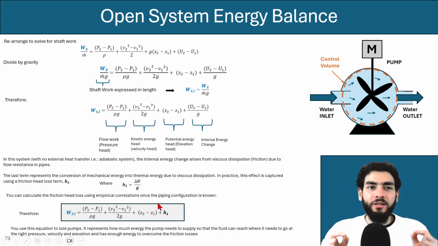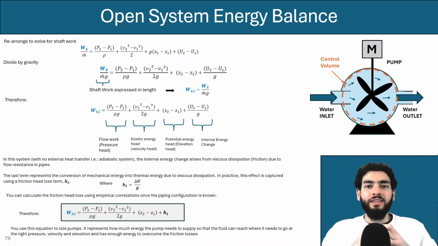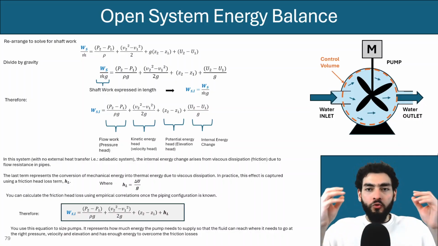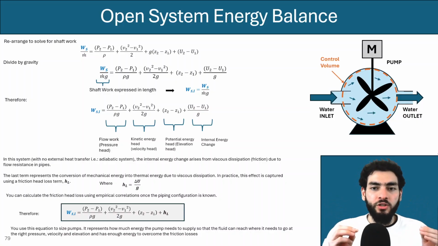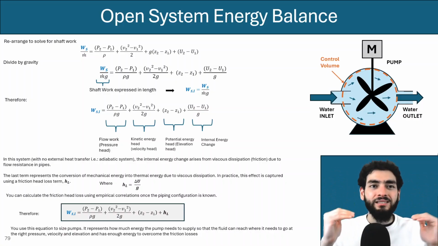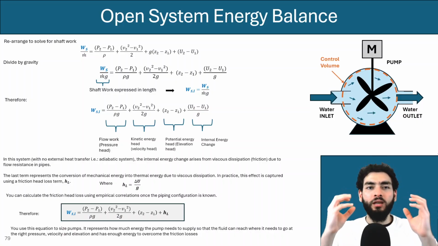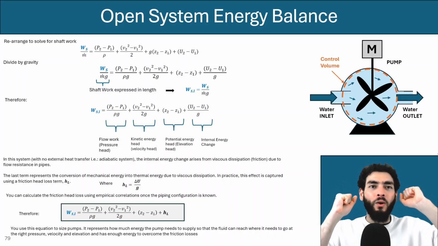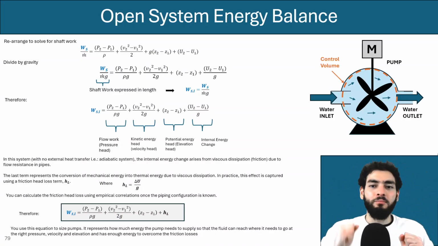So I'm very happy to have showed you in this video how we started from the open system energy balance equation, the general equation, to the particular application of sizing a pump using the energy balance and seeing through the assumptions that we use. Now, at least, I hope that you can make connections between what you studied in heat transfer, thermodynamics, and what you study in fluid mechanics.